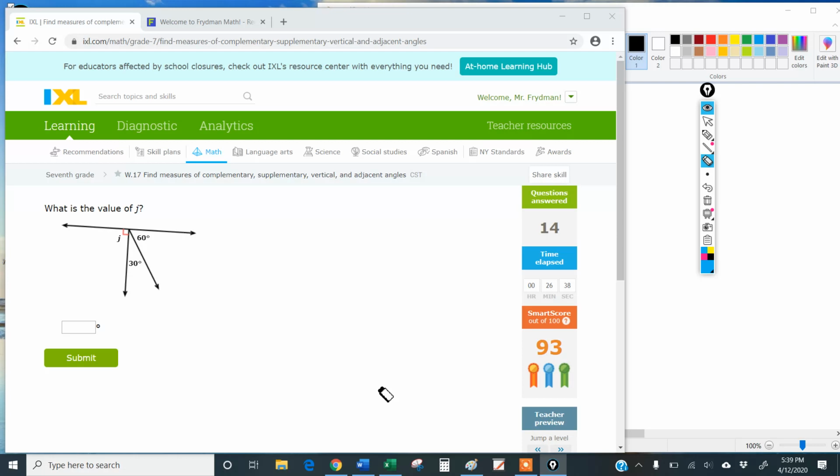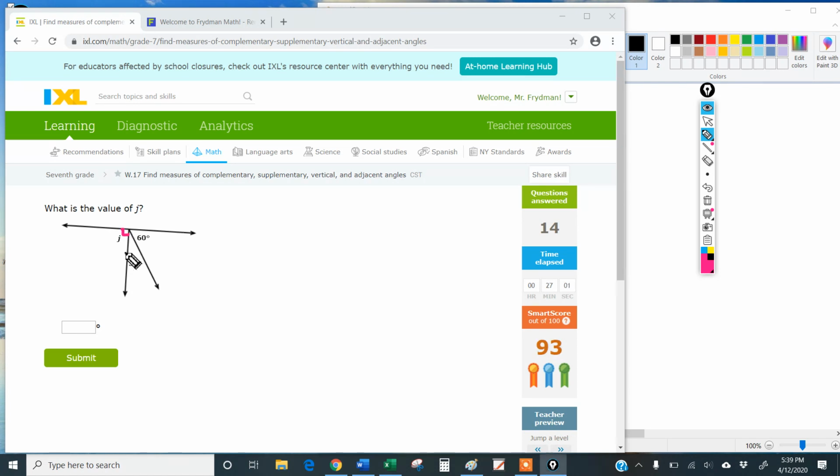Oh, well, okay. So, wow. This question is giving us two ways of doing it. Right? So it's almost like a trick question. So I see this little symbol here.